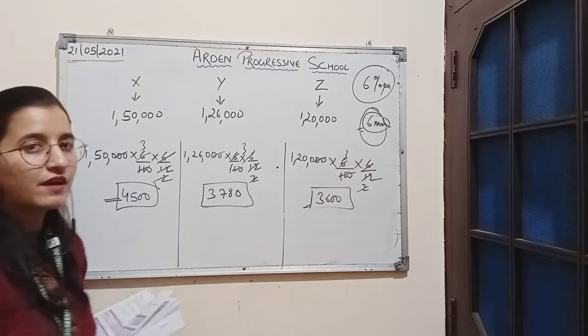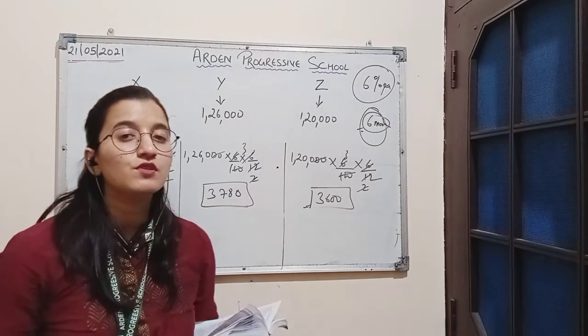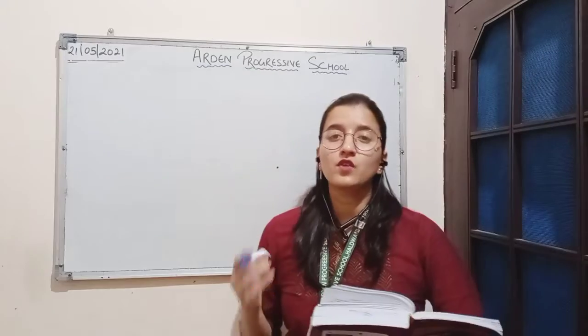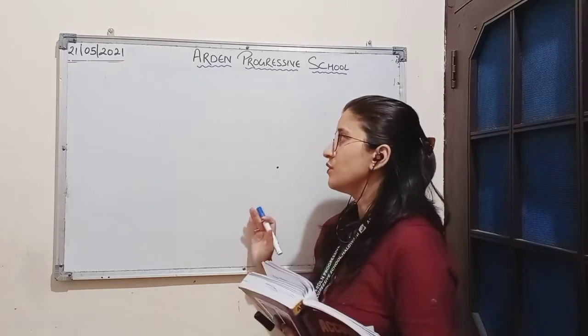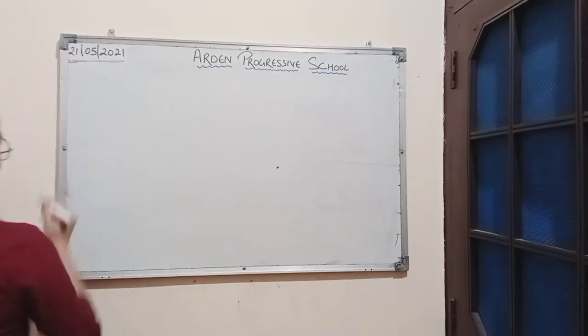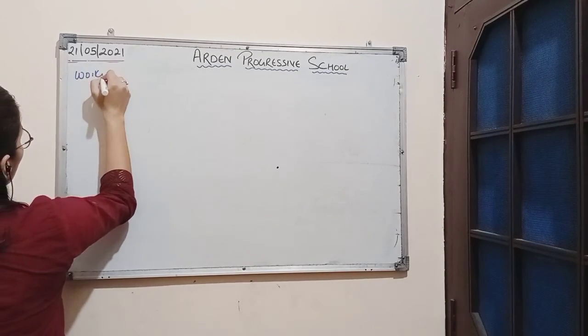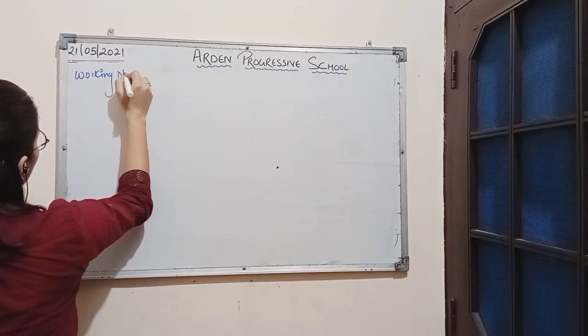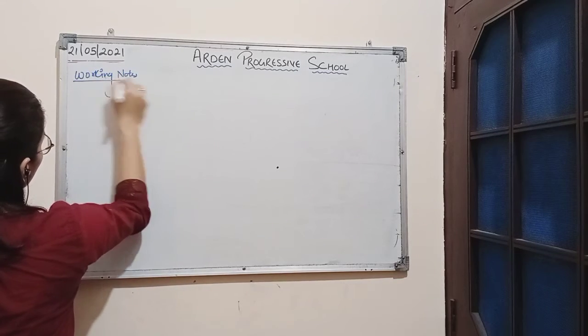And we know that for rectifying this error, first we will show the table showing adjustment. So coming to the solution part, first we will draw a table showing adjustment. This will be our working notes.